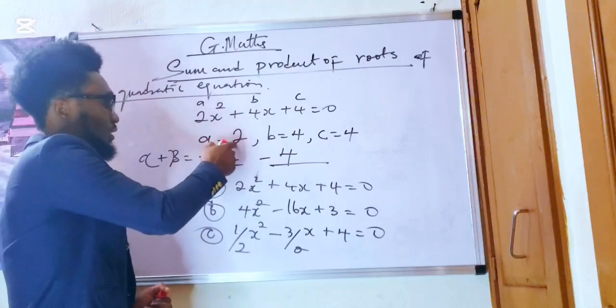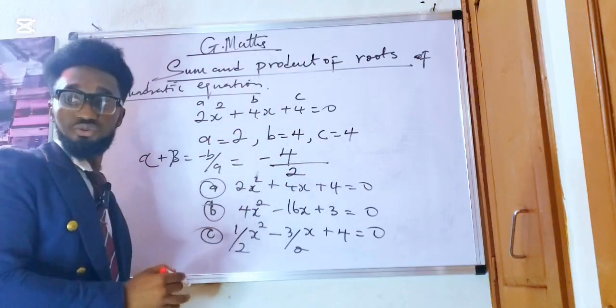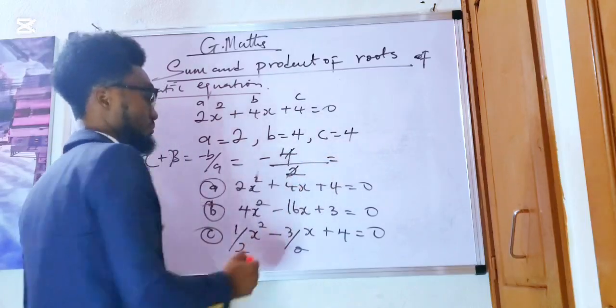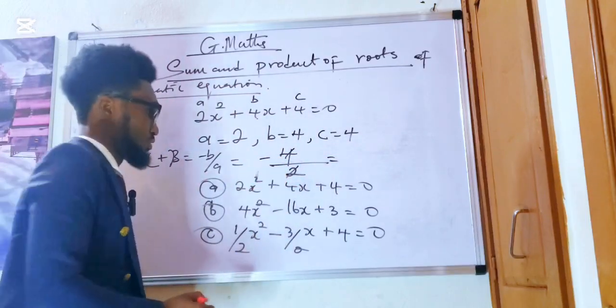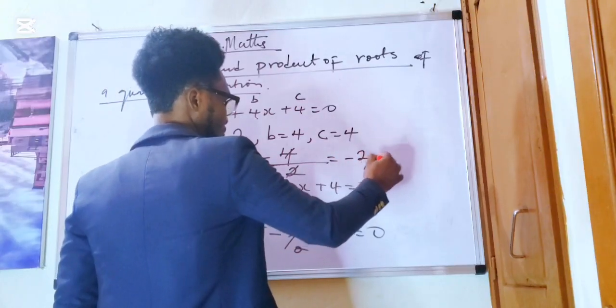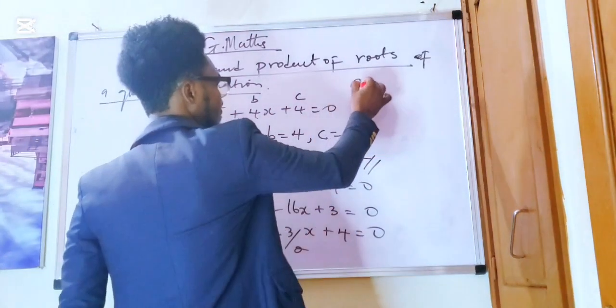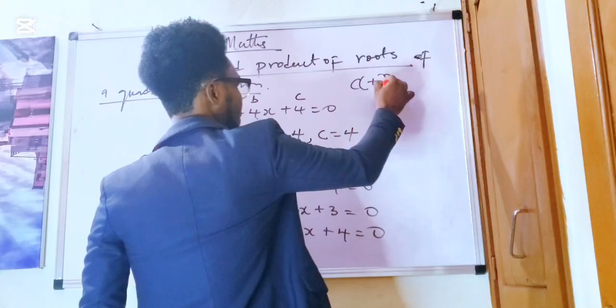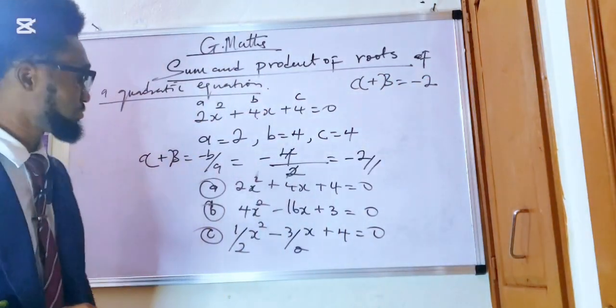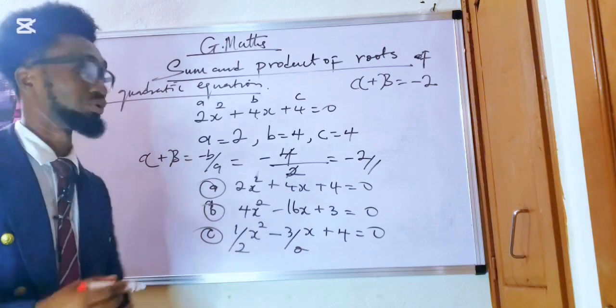What is the value of a here? 2. So minus 4 divided by 2, because they can divide each other, gives minus 2. So alpha plus beta is equal to minus 2 for the first quadratic equation.